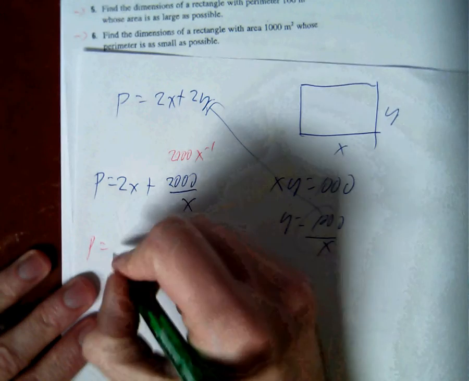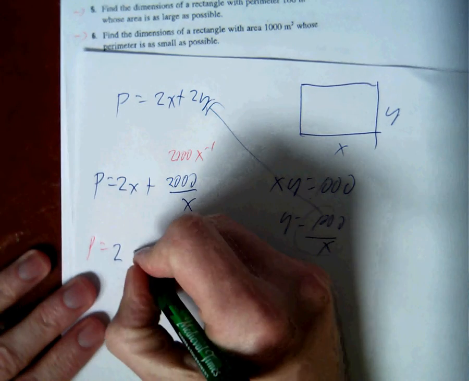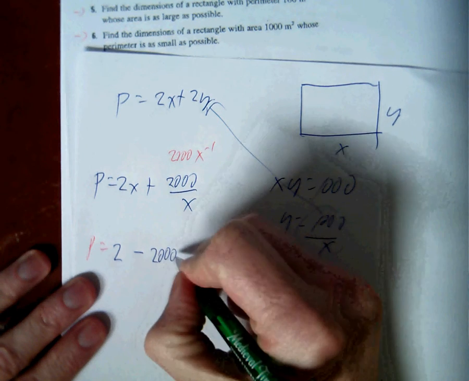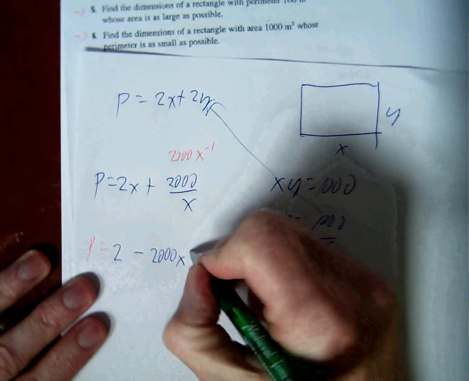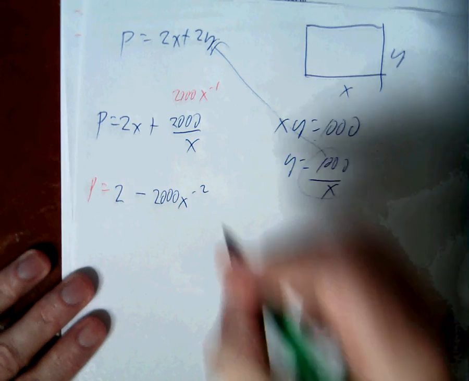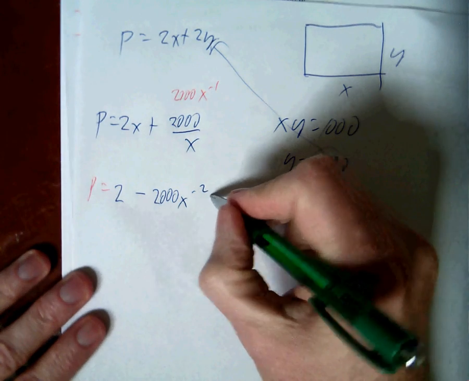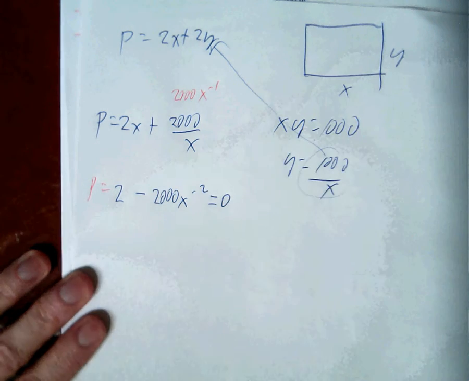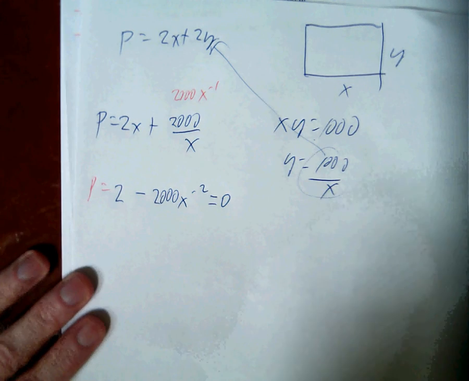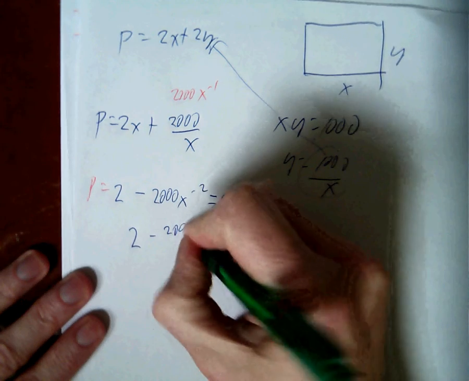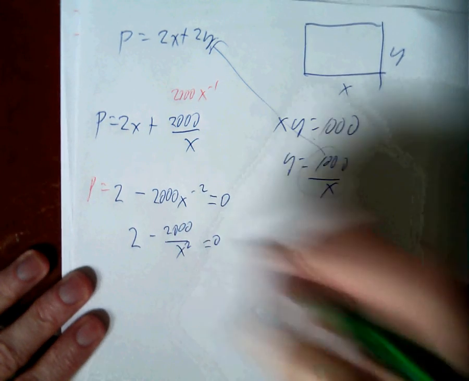So when I take the derivative, this gives me 2 minus 2,000 x to the negative 2. Take my derivative, I'm going to set that equal to 0. And now solve, so that's 2 minus 2,000 over x squared is equal to 0.